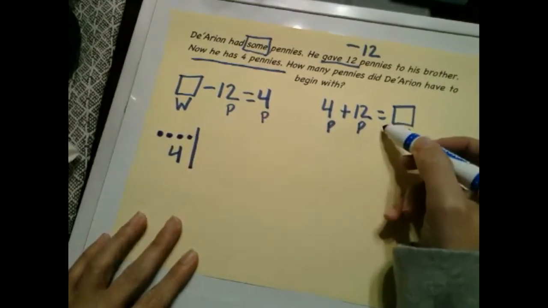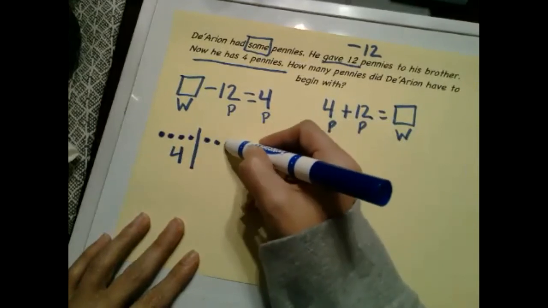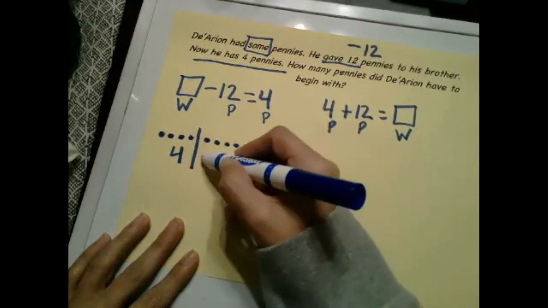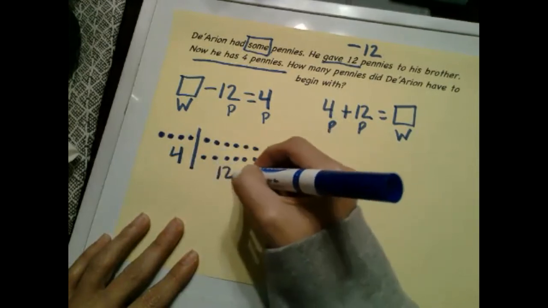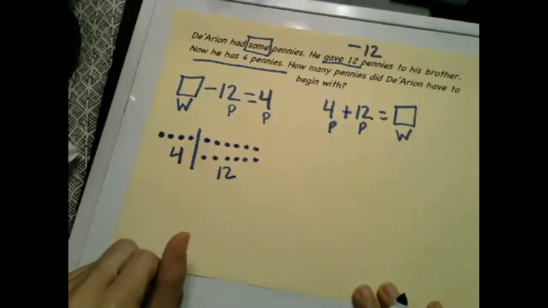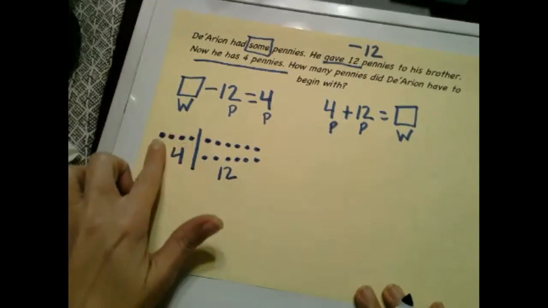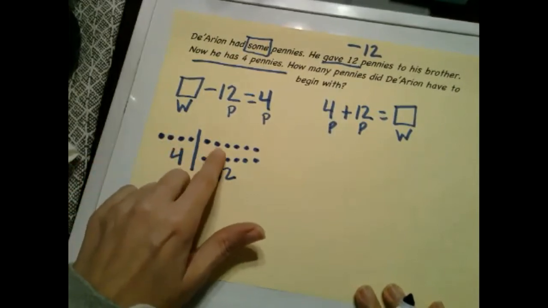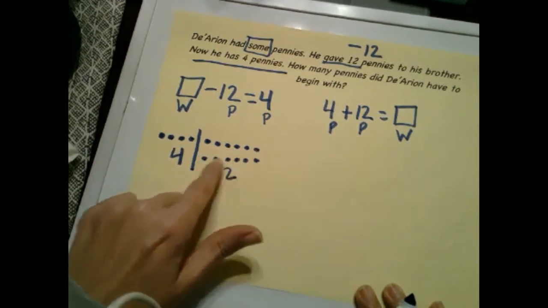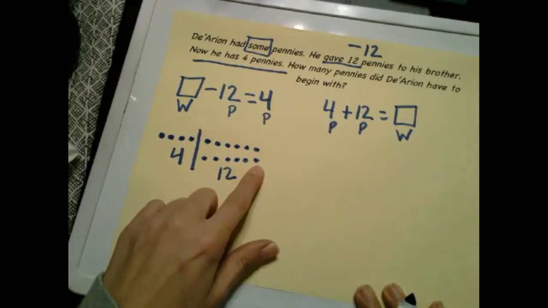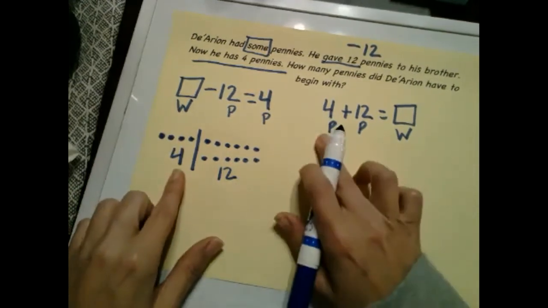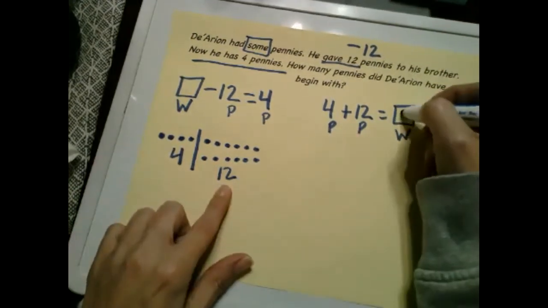We could add our 12 more. And then we could figure out what our whole is. 4, 5, 6, 7, 8, 9, 10, 11, 12, 13, 14, 15, 16. So 4 plus 12 is 16.